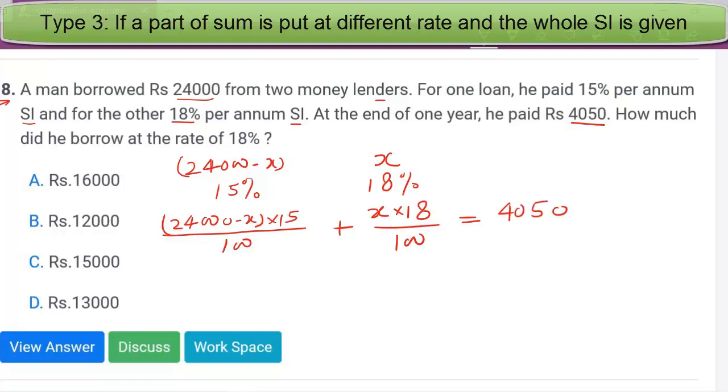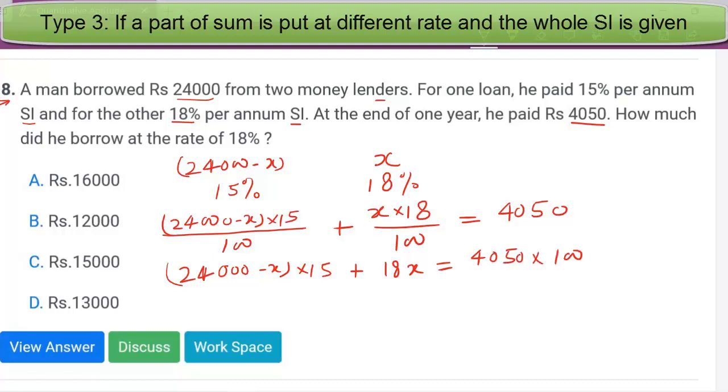So directly now you have to solve this equation. You can just multiply the whole equation by 100. After doing that you will get (24,000 minus X) multiplied by 15 plus 18X is equal to 4050 multiplied by 100, right?